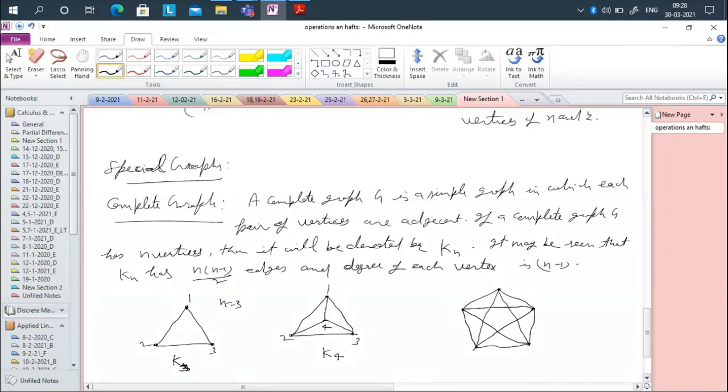Number of edges: 1, 2, 3, 4, 5. Okay, clear?